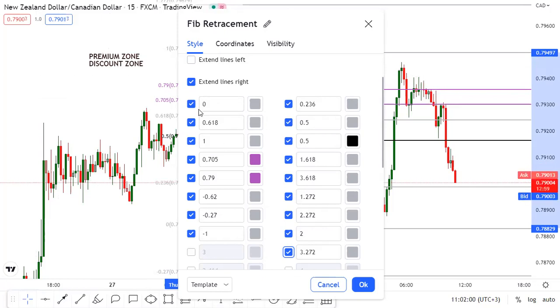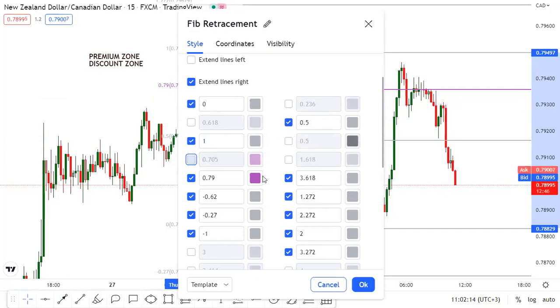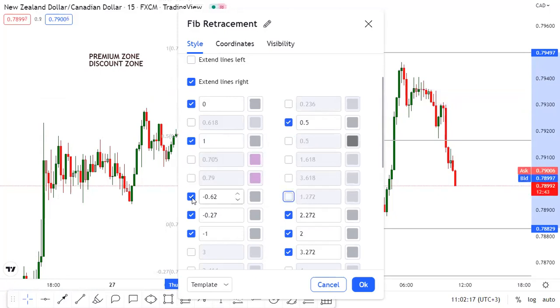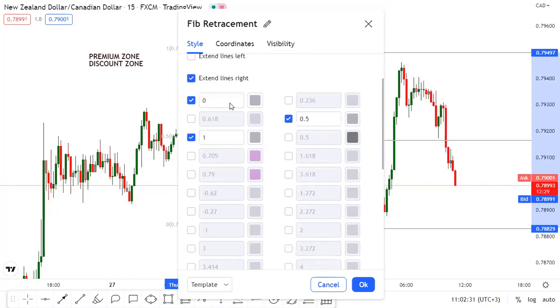Usually you have to make sure you have marked point 0, point 0.5 and point number 1. Make sure you have unmarked these other areas. You just leave points 0, 0.5, and 1.